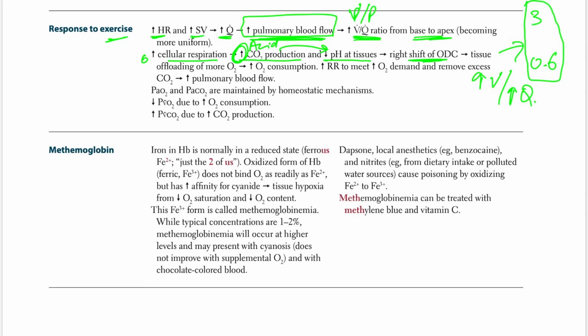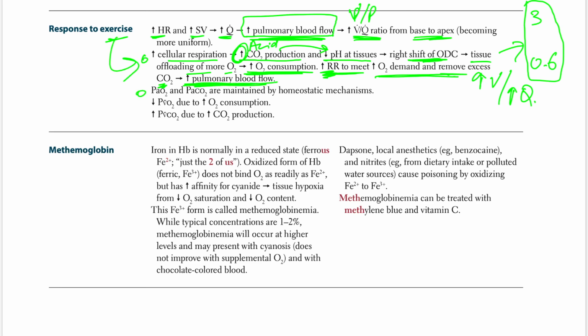When acid goes up, the pH goes down, and that is the right shift of the ODC, which leads to tissue offloading of more O2, which would cause an increase in O2 consumption, and respiratory rate increases to meet the increased metabolic oxygen demand and remove excess carbon dioxide, which leads to increase in pulmonary blood flow. So this is one of the things.